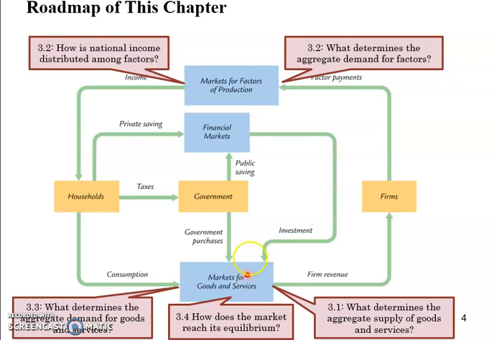You should realize that once this market reaches its equilibrium, then this market is clear as well. In other words, what we're talking about in this chapter is a so-called general equilibrium instead of a partial equilibrium.